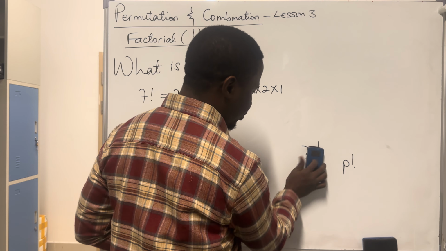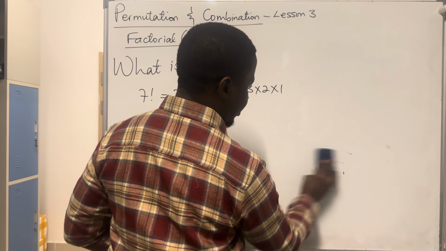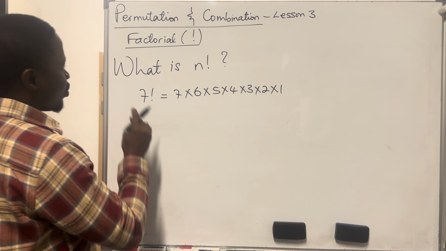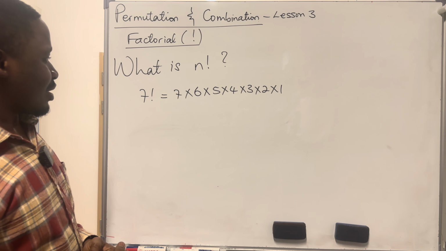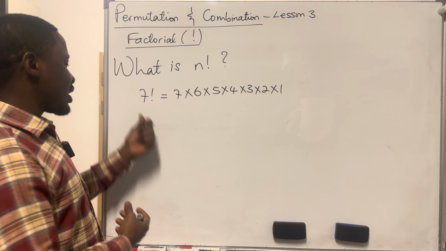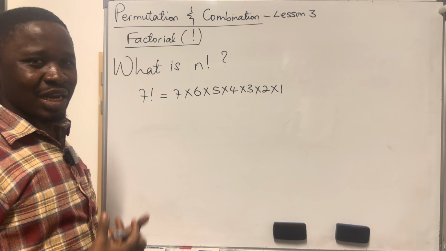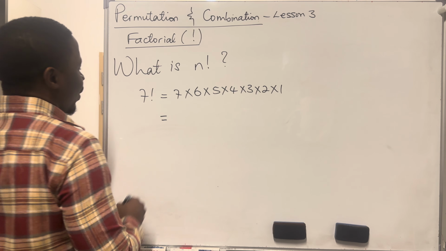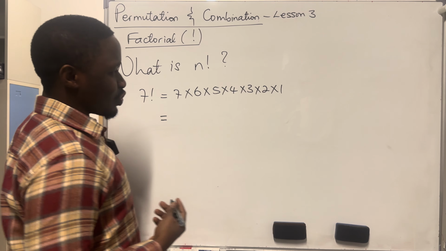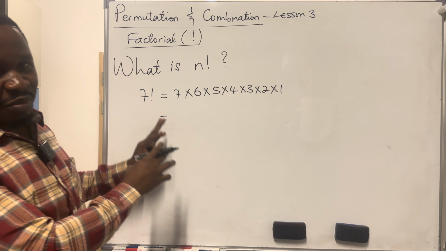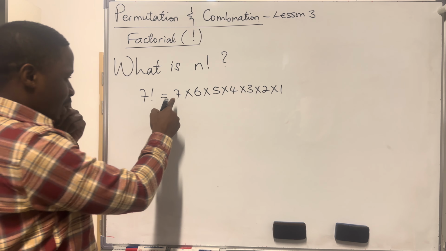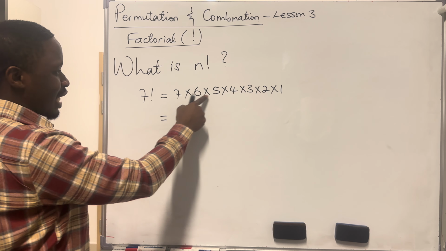Now let's pay attention. We want to write n factorial, but we already know how to write 7 factorial, 8 factorial, 9 factorial. For us to write the n factorial, let us establish a great point here. 7 times 6 times 5.